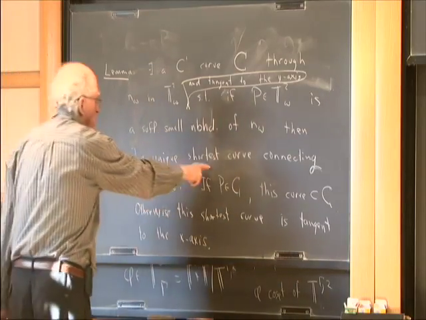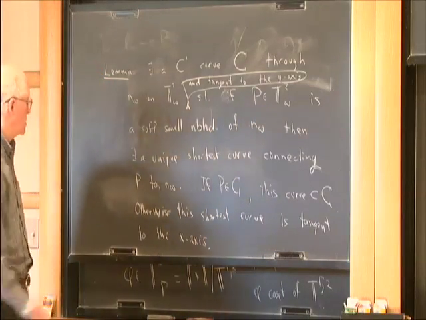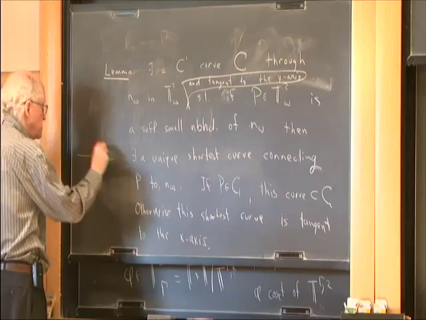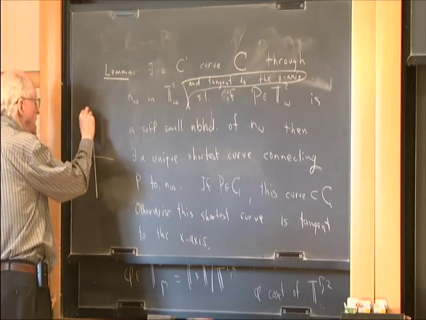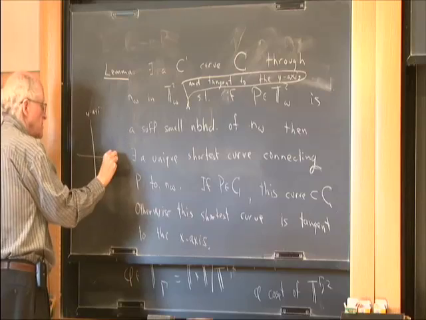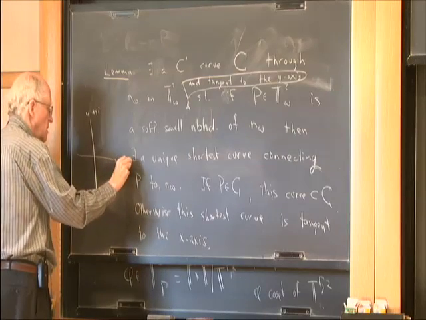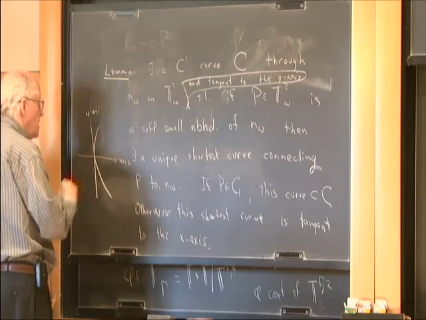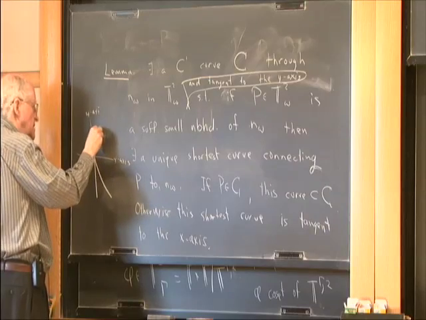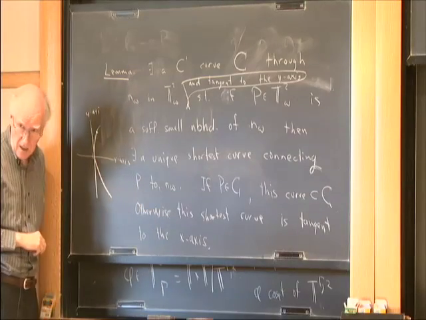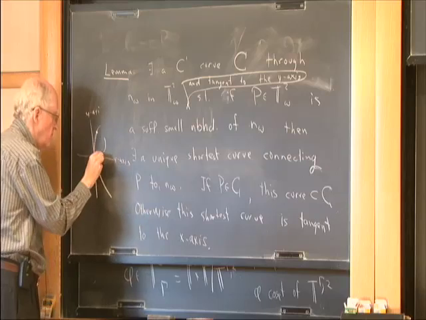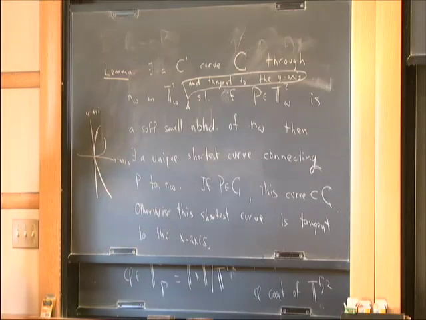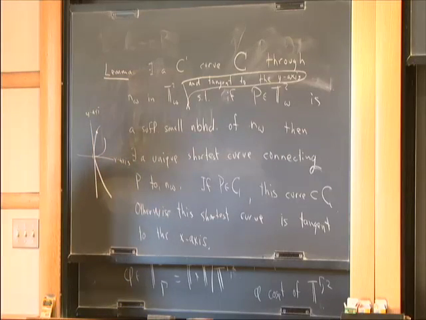The shortest curve. Okay, so the picture is this. Here's the y-axis, here's the x-axis, here's C. If I start with a point P contained in C, the shortest curve is contained in there, and otherwise the shortest curve is tangent to the x-axis. For this, you need lambda and mu to be separated.